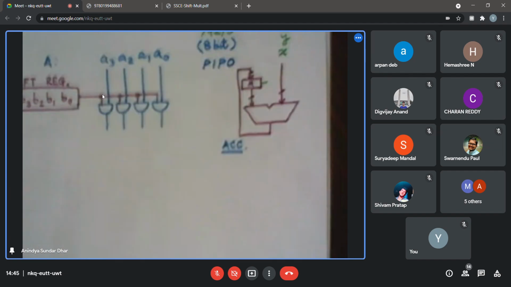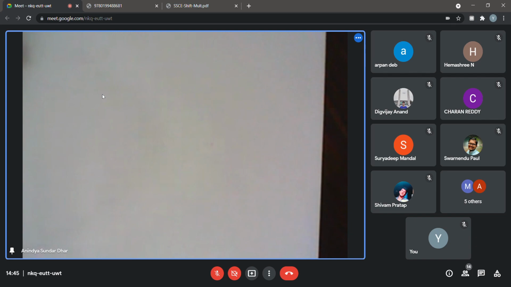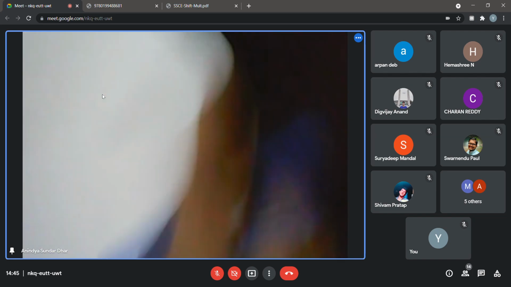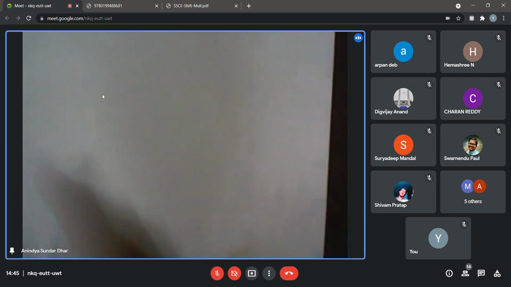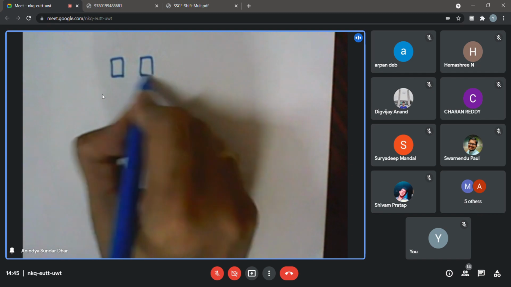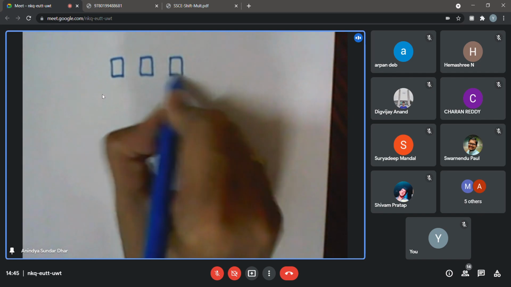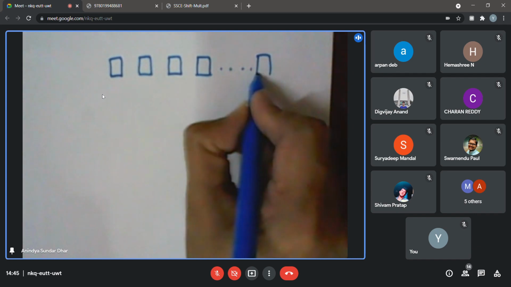That means, let me draw it on a separate paper, we have 8 flip-flops, independent of one another in terms of their input and output. Maybe the common clear line or common clock line are shared. So there are 8 such flip-flops.